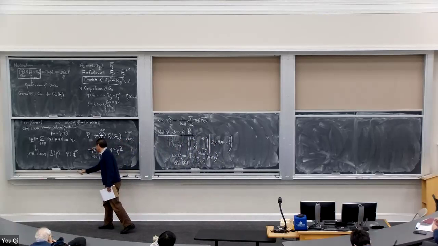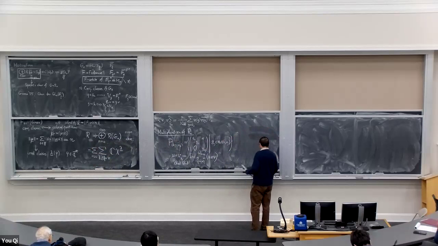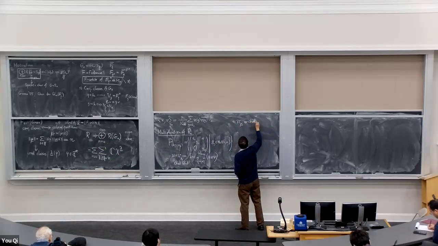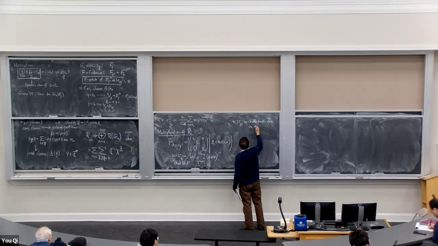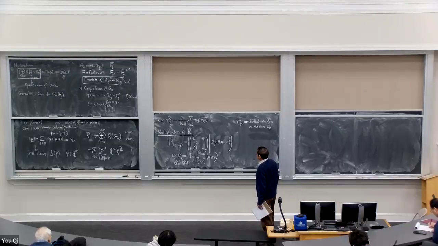So here you define this I_mu to be the characteristic function on the conjugacy class C_mu.